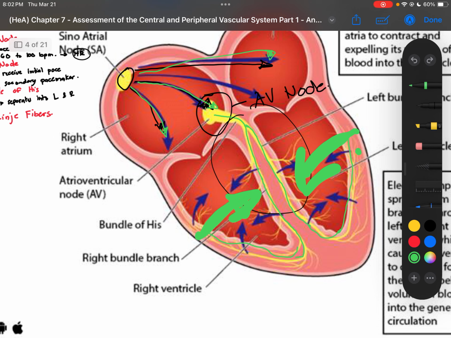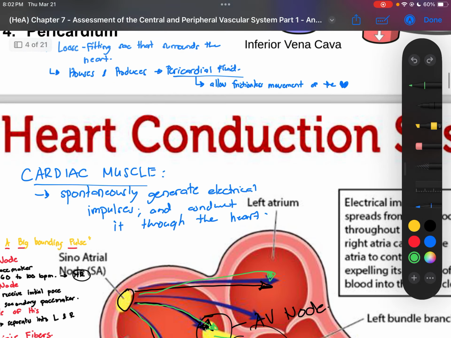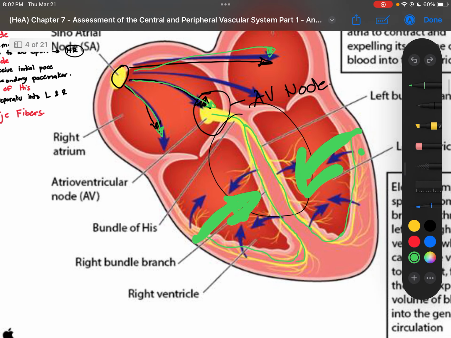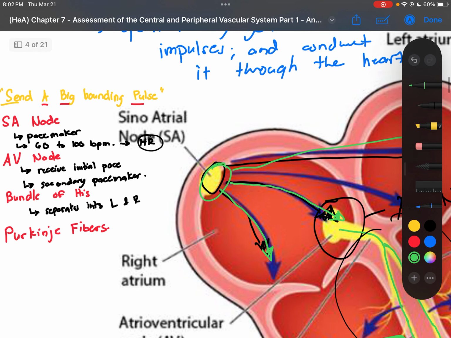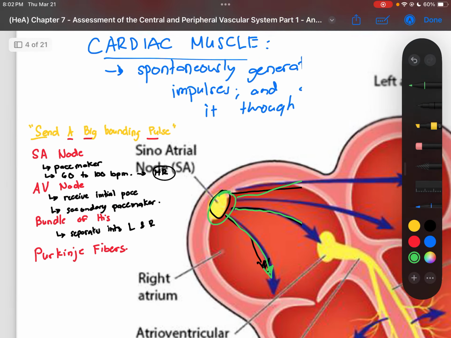And the cycle repeats itself again. That's why it's called the cardiac conduction system or cardiac conduction cycle, because this entire process happens at a rate of 60 to 100 beats per minute.